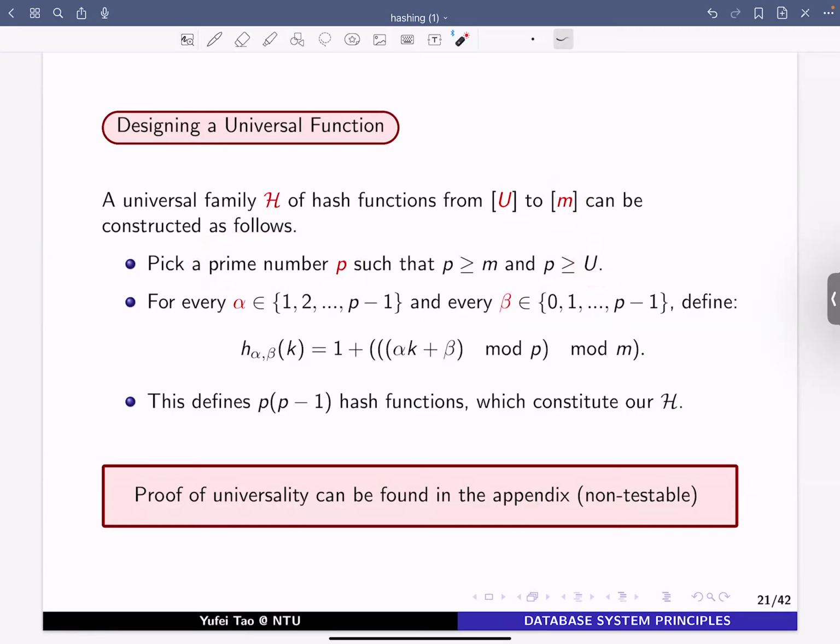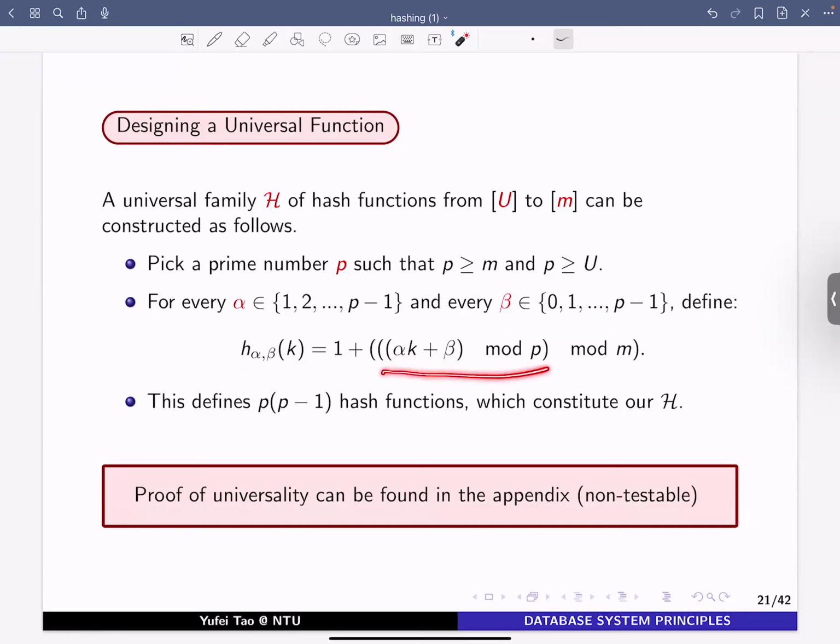Okay, so continuing, I said this alpha and beta are coefficients, and once they are chosen, you have a concrete hash function. Now let's see, alpha times k, so that's the first thing you calculate, and then you shift it by beta, and then you calculate the modulo with respect to p, so basically this is taking the remainder when you divide this thing by p.